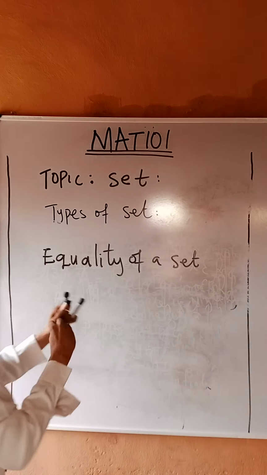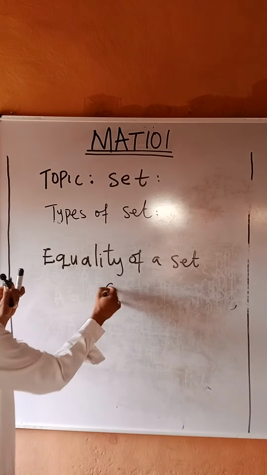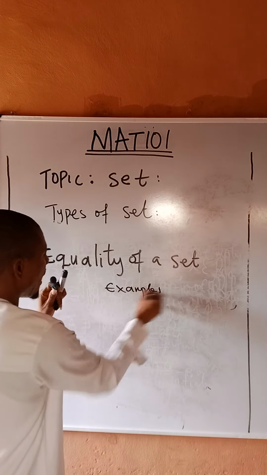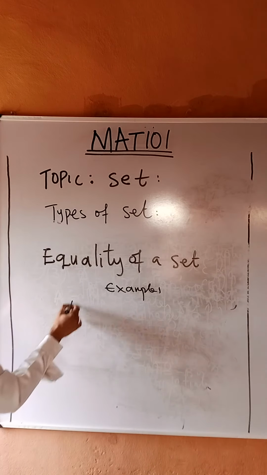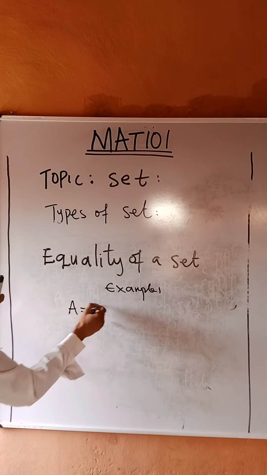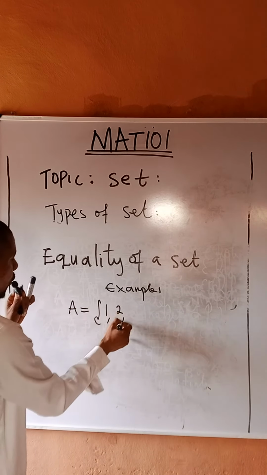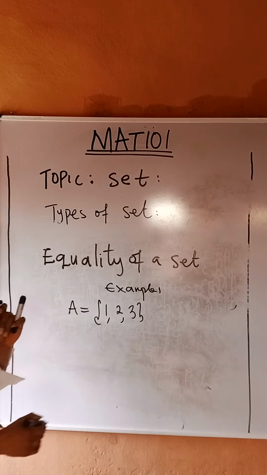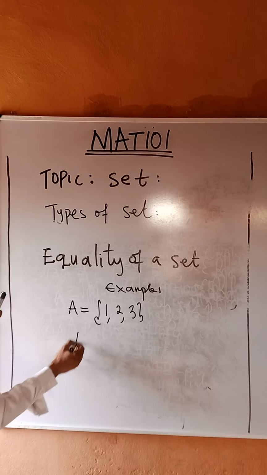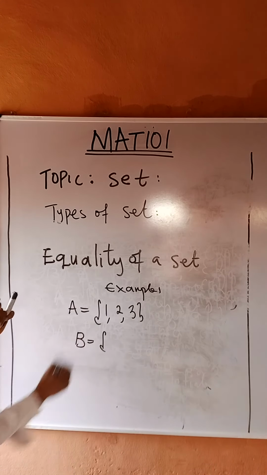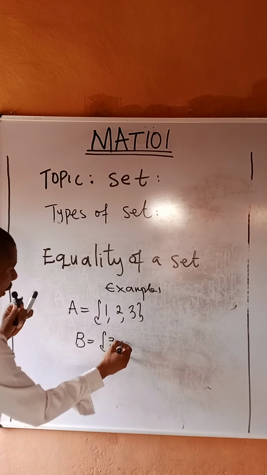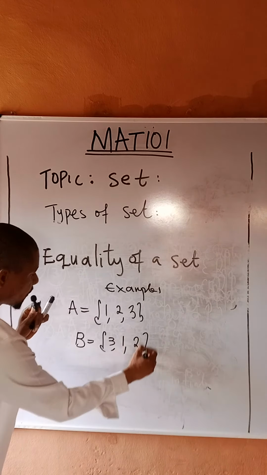Okay? So you can have some examples here now. Examples of sets that are equal. If I have a set A which is equal to {1, 2, 3}, and I equally have another set B which is equal to {3, 1, 2}.